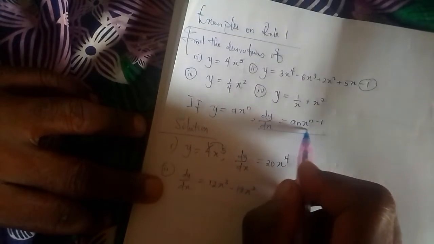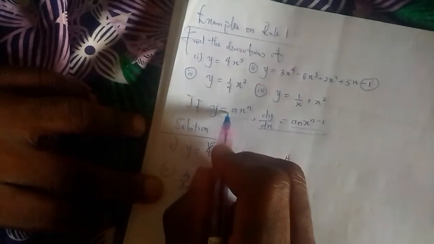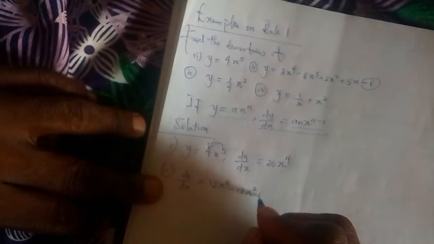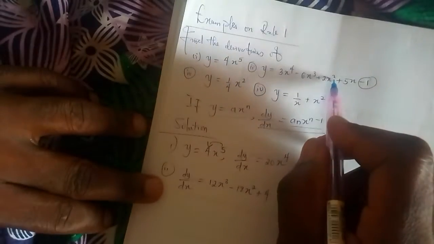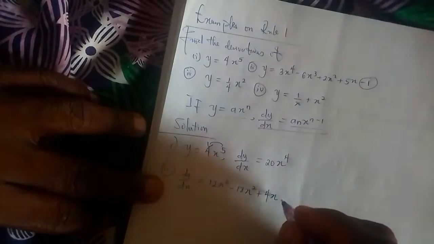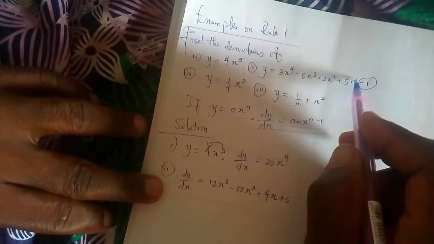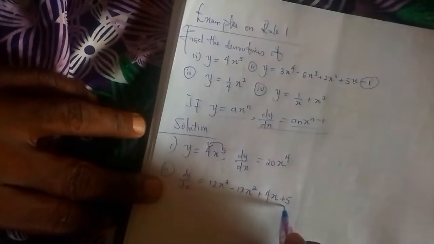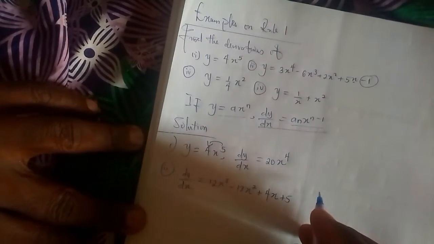So you can see we are following what is here. This multiply this, from this subtract 1, then followed by plus 2 times 2 here, which gives us 4. Then from 2 subtract 1, we have just x. 1 times 5 here will give us 5. Now 1 minus 1 is equal to 0, and x to the power 0 will give us 1. So our answer here is simply 5.